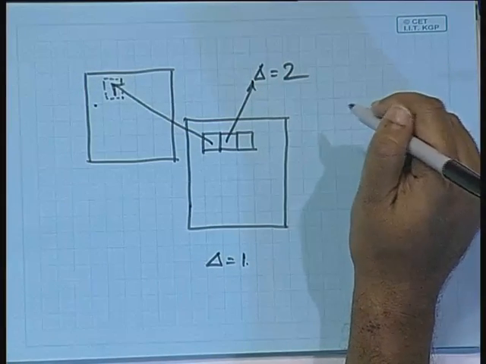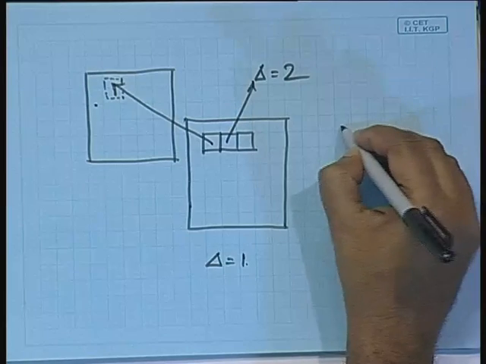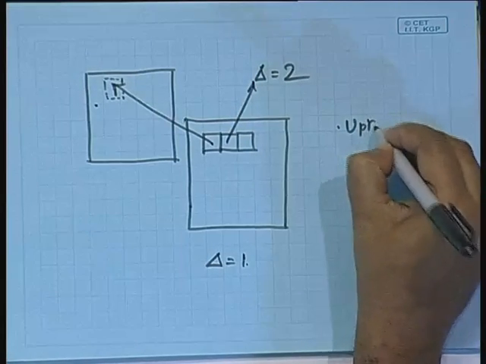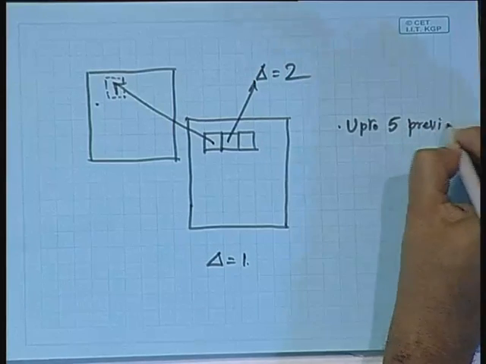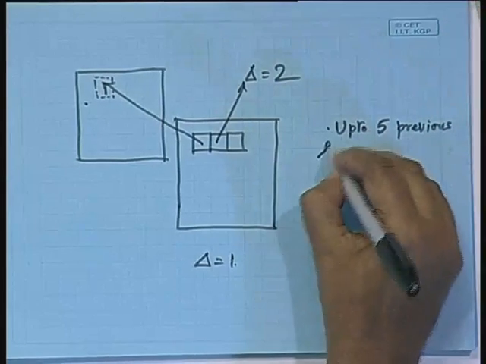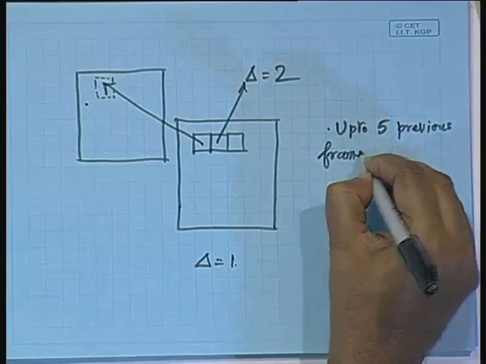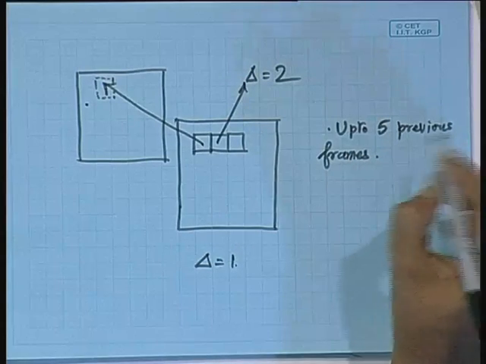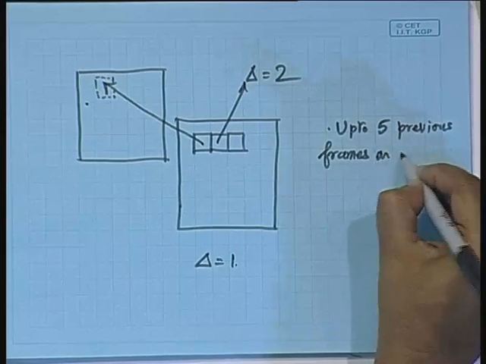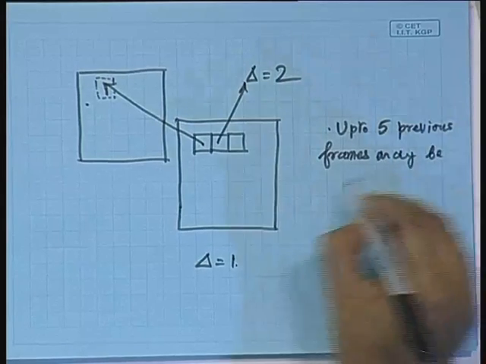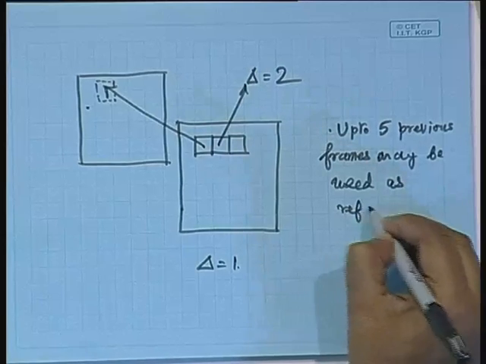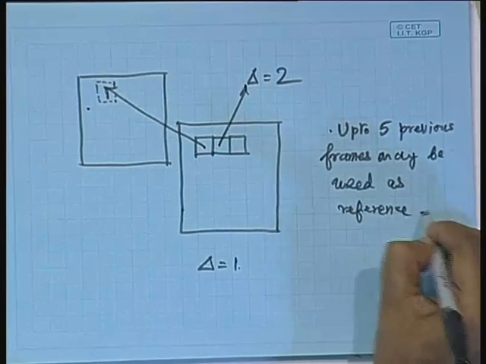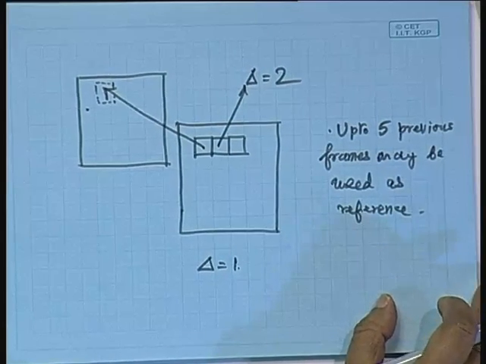So, there is a provision to have up to 5 previous reference frames, which can be accommodated and may be used as reference. So, this is the multiple reference frame facility.